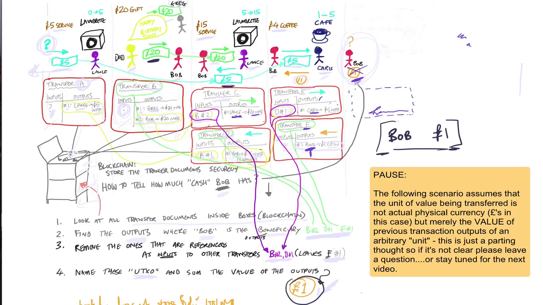And I can say, so if transfer F pays Bob in such a way that only Bob can sign a new transaction that refers to the output there, just in the same way.